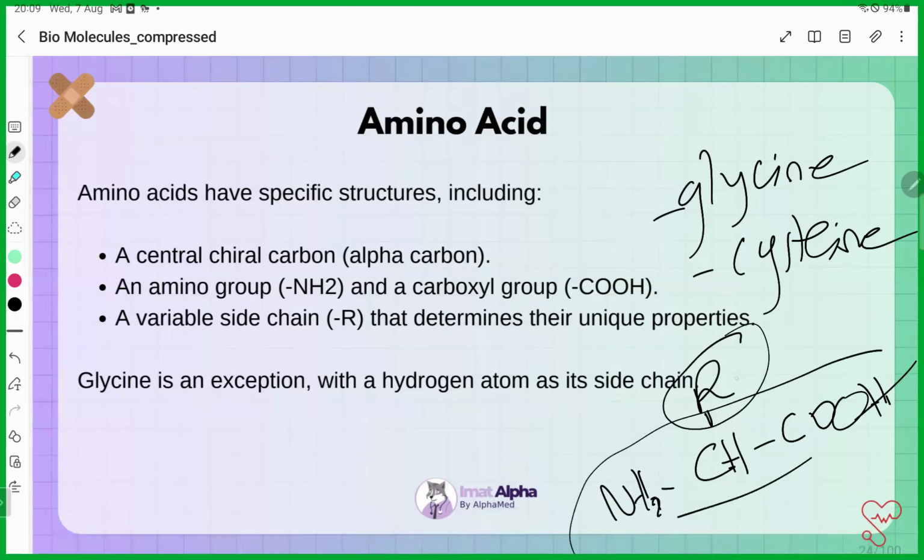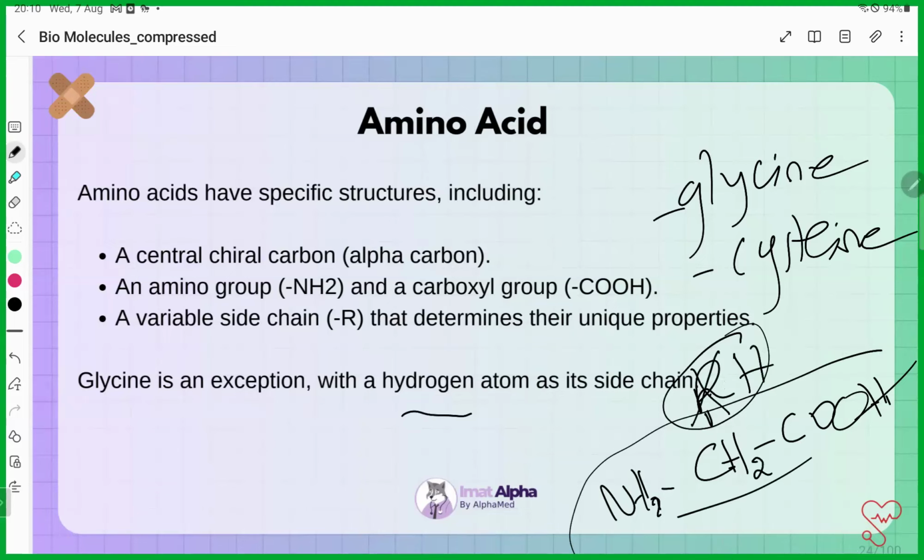However, the radical is different. So what makes glycine so special for the IMAT questions? It's because instead of the R group, the alkyl group or radical, it does not have a radical, it has an H.